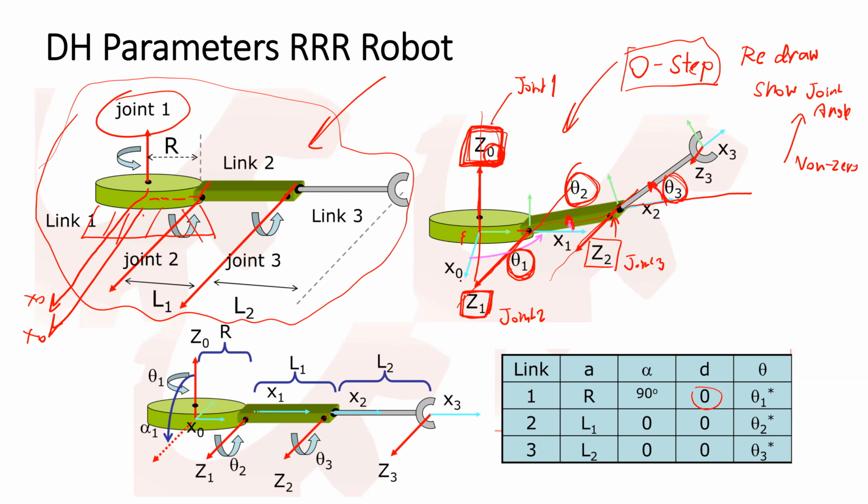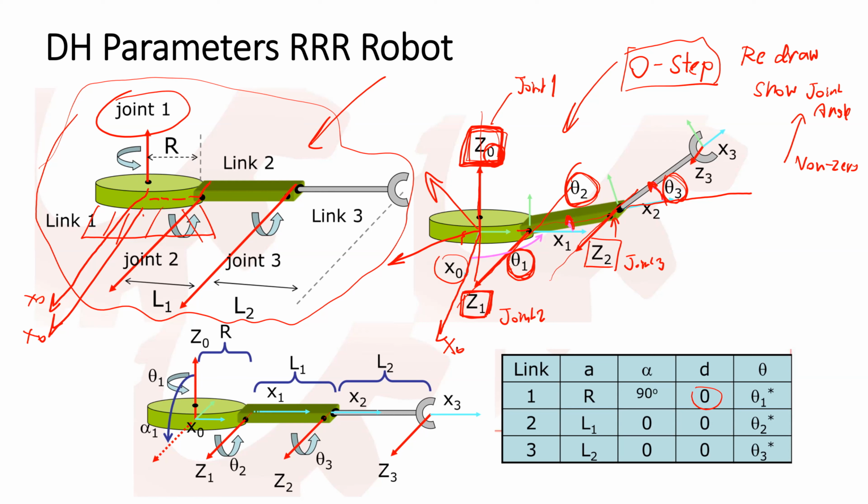And the direction of X0 can go anywhere on the horizontal plane. It depends on in which direction you want to set it as the x of the global frame. In this case, the direction that points out from the plane will be X0.